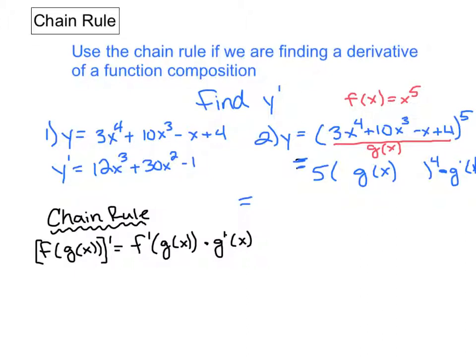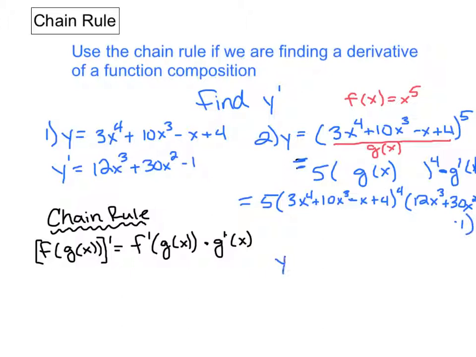Our g of x was 3x to the fourth plus 10x cubed minus x plus 4, raised to the fourth power, times our derivative of g, which is 12x cubed plus 30x squared minus 1.